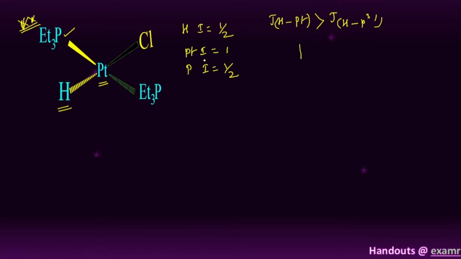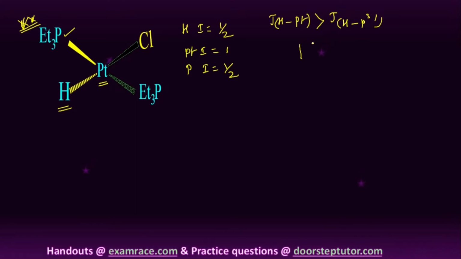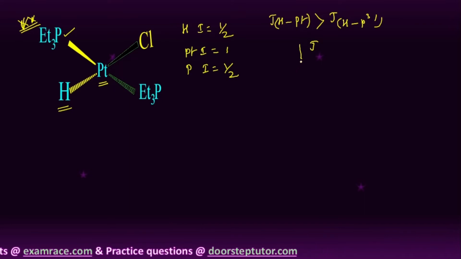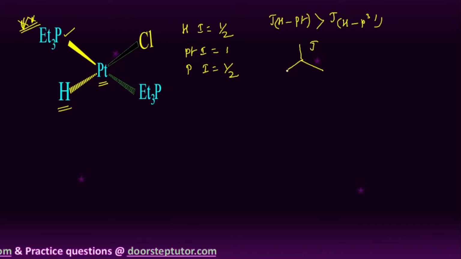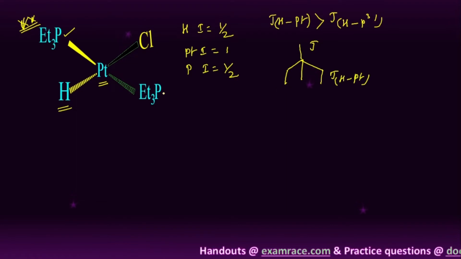So according to the 2nI plus 1 formula, 2 into 1 into 1 plus 1, the hydrogen coupled with the platinum gives a triplet according to the n plus 1 rule. So that is coupling with platinum. Further, each singlet is coupled with the two phosphorus atoms.